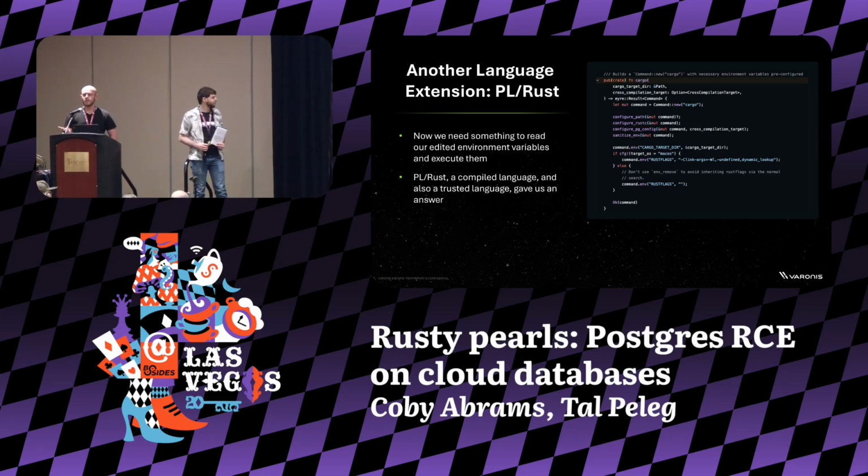So when you're creating a function in Postgres for Rust, Cargo needs to be called in order to compile that package, right? Cargo is then going to call the Rust compiler, which is rustc, in order to create the binaries. And all that is happening when you create a function in Postgres.